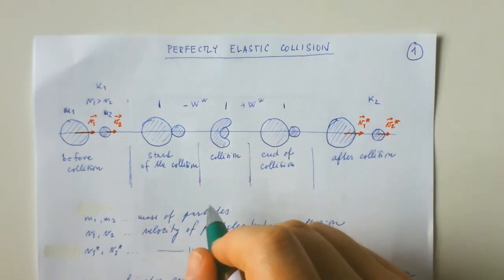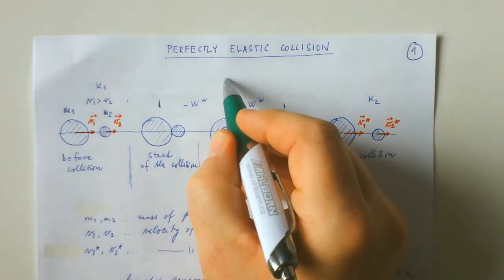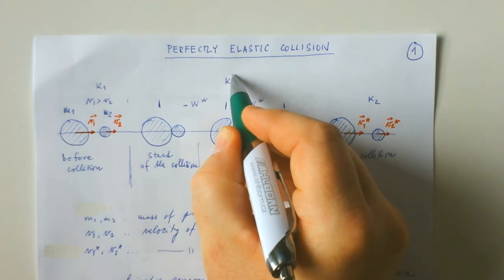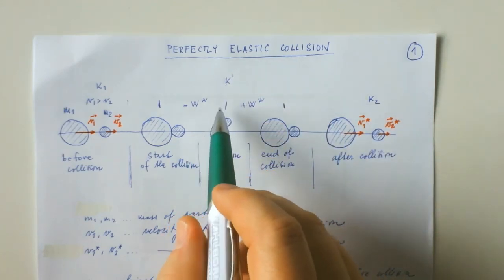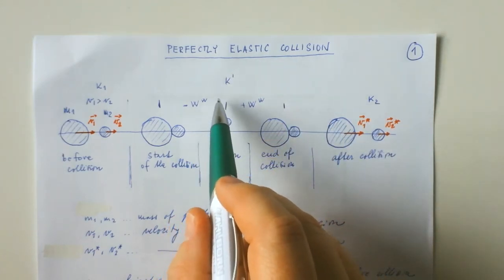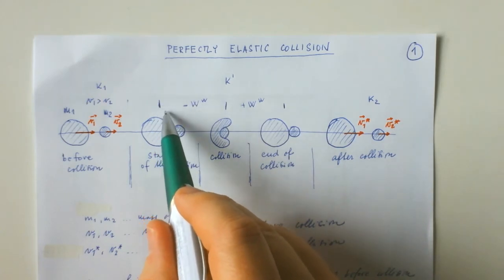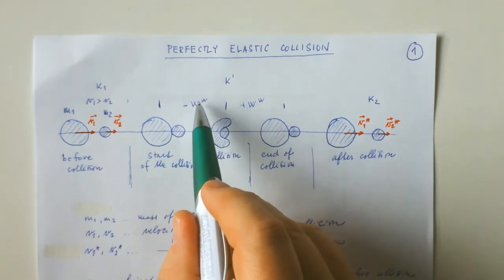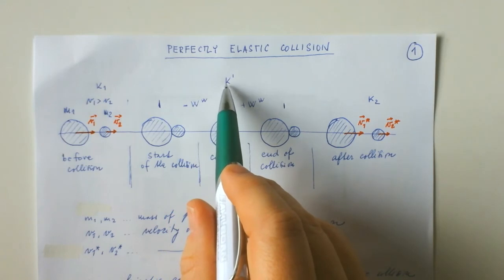Okay? And at this point, if there is an interim energy loss, it must be a loss of kinetic energy.